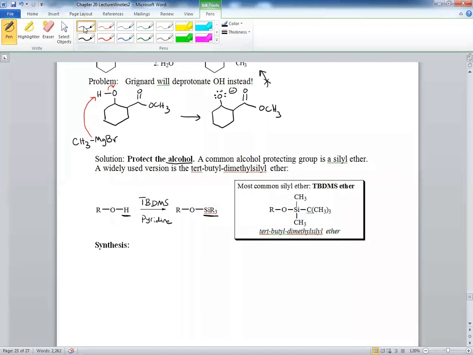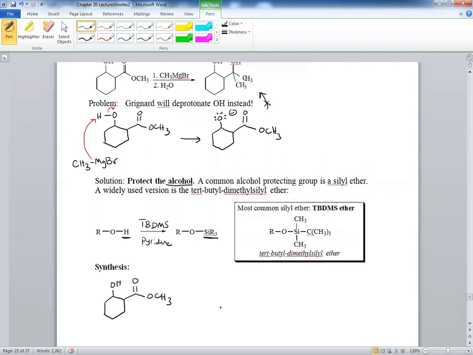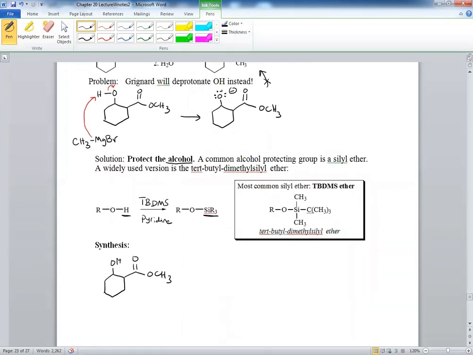So let's look at the synthesis. And like I said, the reaction would go like this. You would do a protection first. So by the way, let me draw it. Tert-butyl silyl ether. So this is tert-butyl.